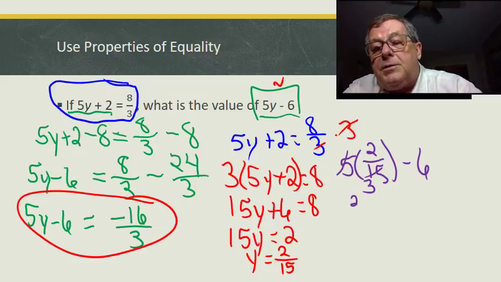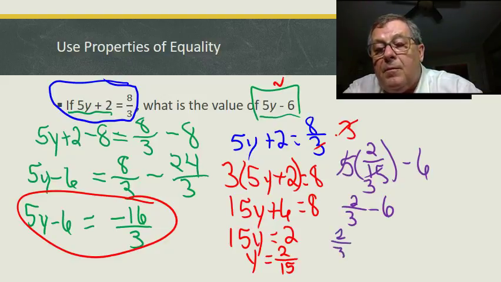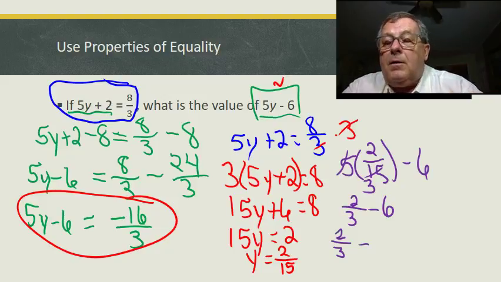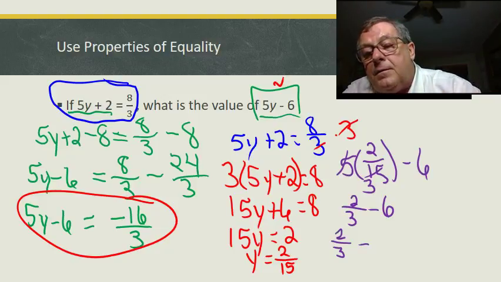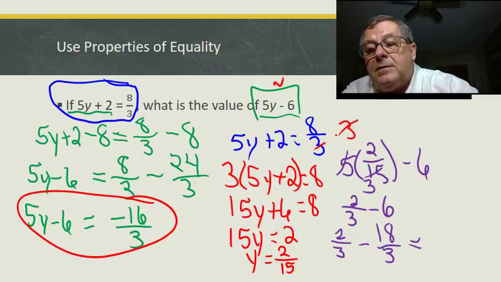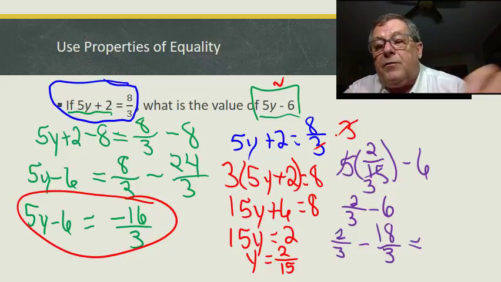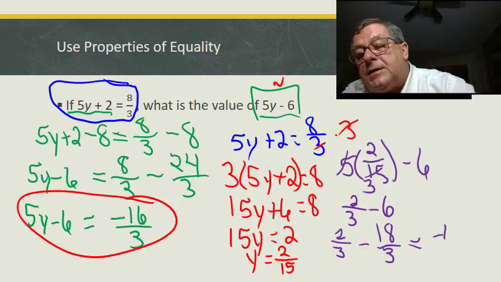So I've got 2/3 minus 6. To subtract those, I need a common denominator. Negative 6 is the same as negative 18 over 3. So 2 minus 18 over 3 gives me negative 16 over 3.